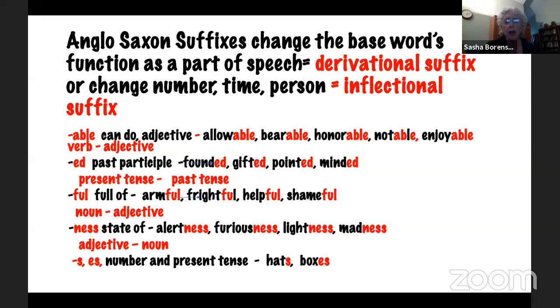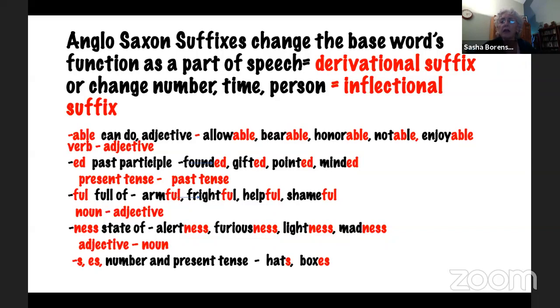It's an abstract idea, alertness. Or if I have furious, that's an adjective, and I've put ness onto it, it becomes a noun. So the difference between the definition of an inflectional suffix and a derivational suffix is, does the base word change its part of speech or not?